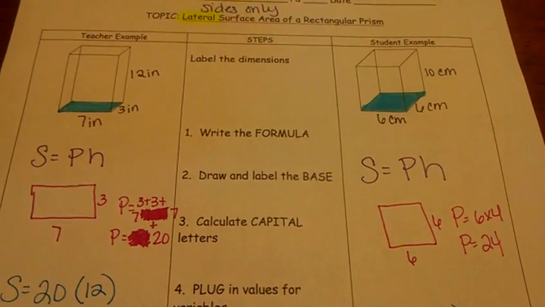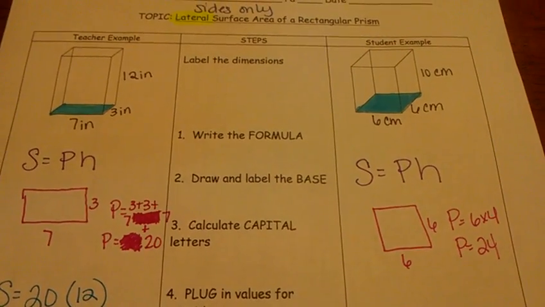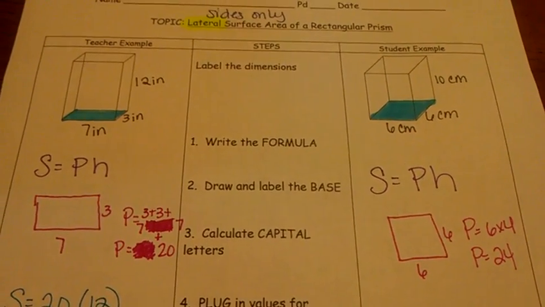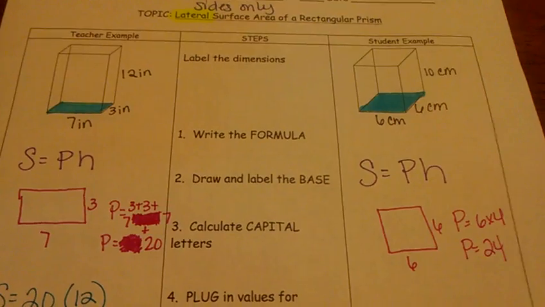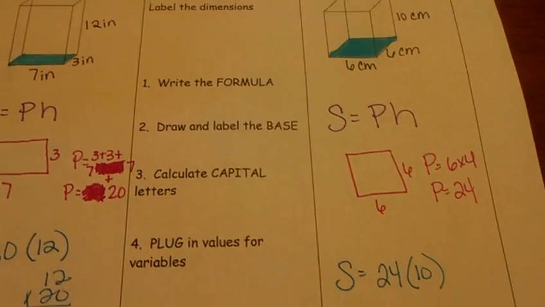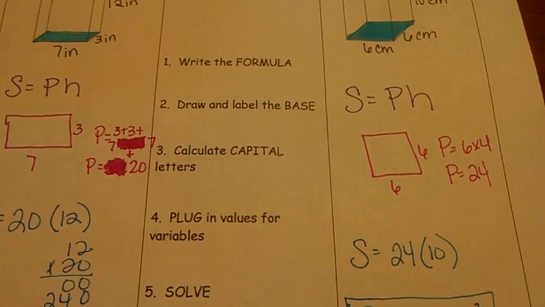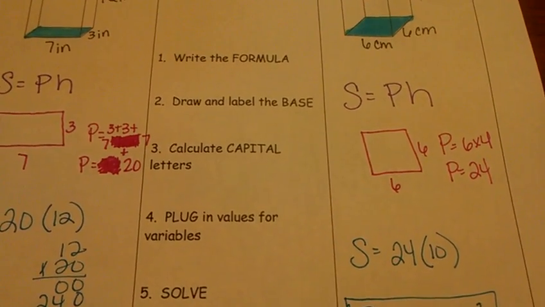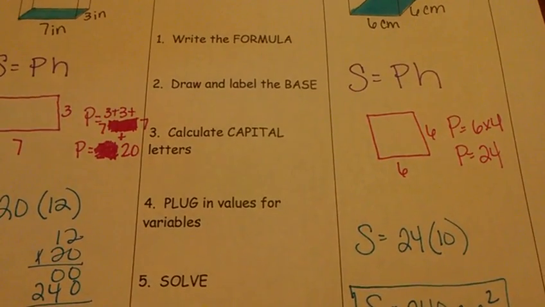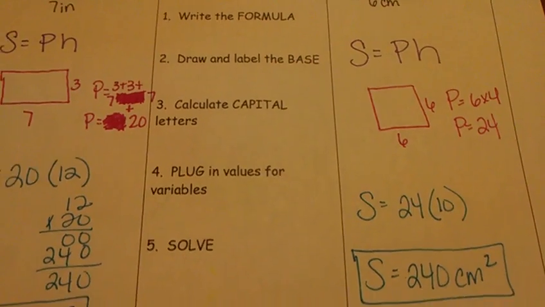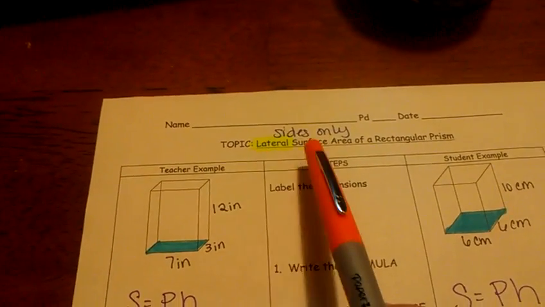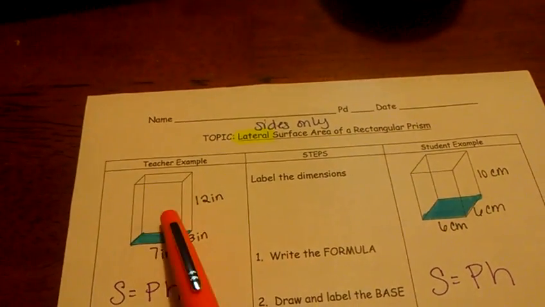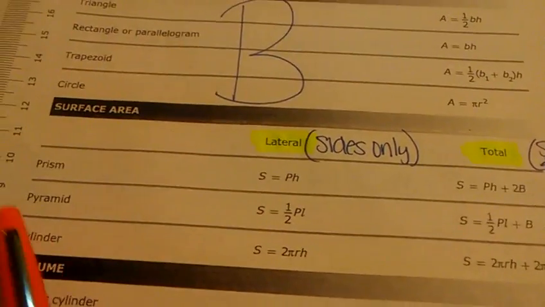Y'all can thank Coach Tech for the easy 5 steps that he's developed so that it works for every single formula. Every formula that we've done so far, we follow these 5 steps and it works. Write the formula, draw and label the base, calculate capital letters, plug in values for variables, and then we're going to solve it.